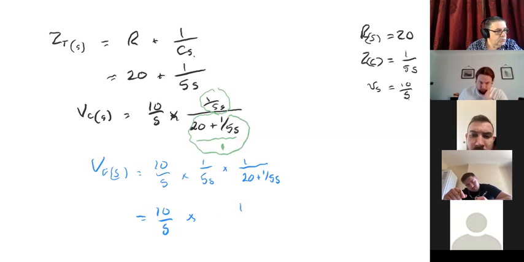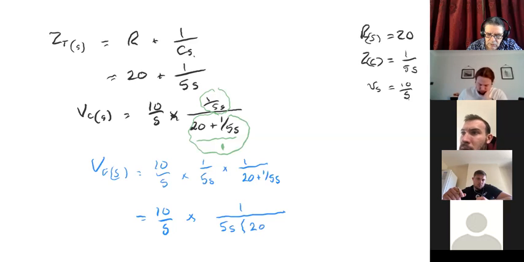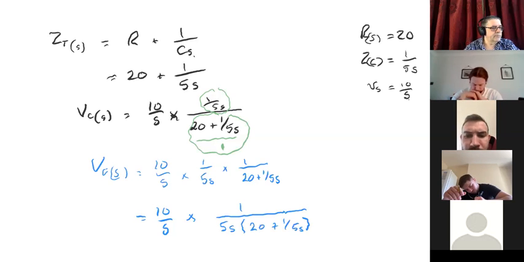And on the bottom, we're going to put 5S times 20 plus 1 over 5S, like so. And then lastly, we can multiply out the last part.